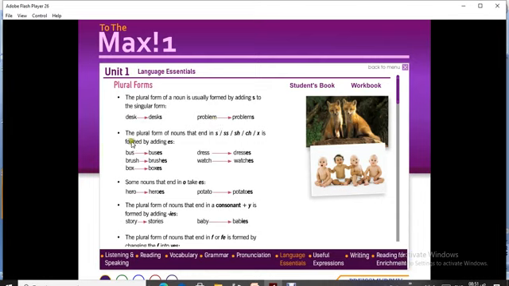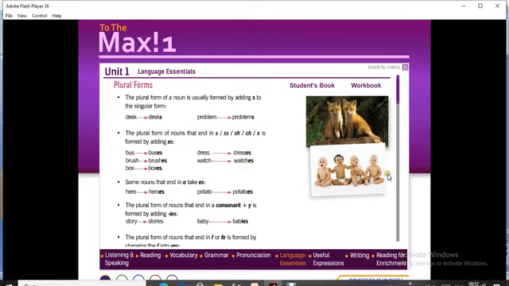Rule number two: the plural form of nouns that end in S, double S, SH, CH or X is formed by adding ES, like bus, buses; brush, brushes; box, boxes; dress, dresses; watch, watches.